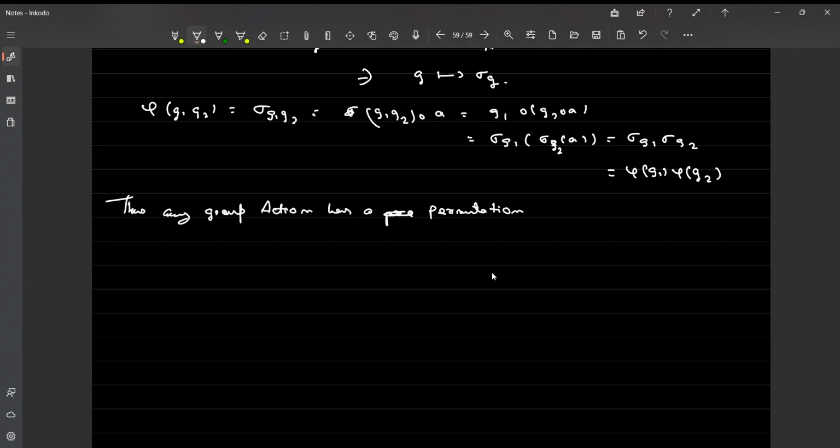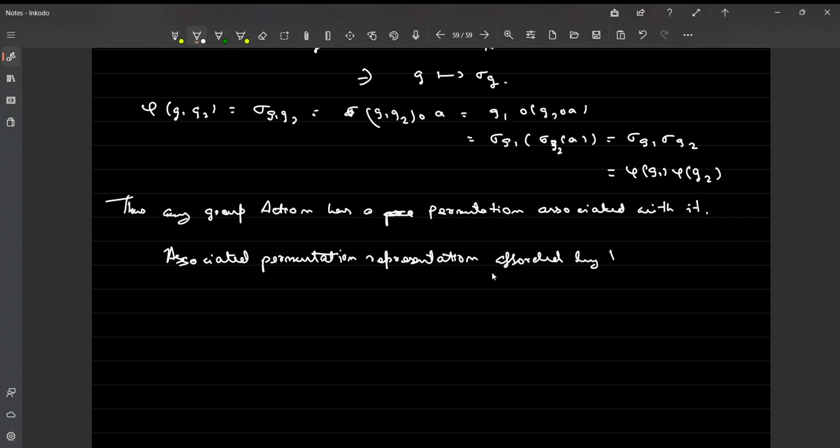This is called the associated permutation representation afforded by the action of G on A.